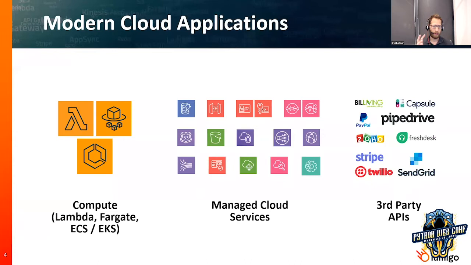That can be DynamoDB and API Gateway and Kinesis and S3, and basically all the services that you don't need to set up a server for. And there are third-party applications to do specific things. If I need to do payment, I will use Stripe, or PayPal. If I need to send SMS, I will use Twilio.